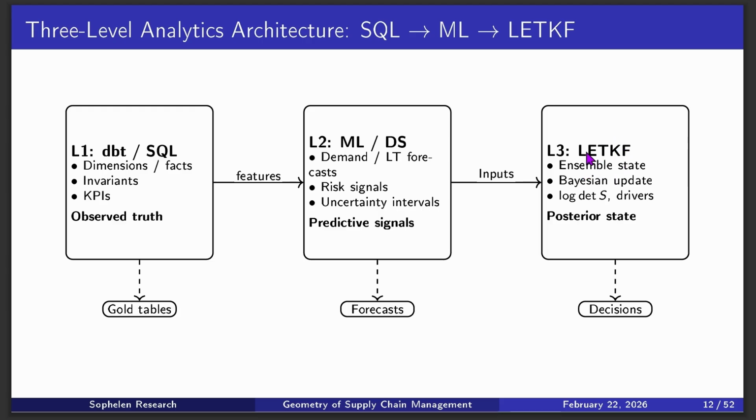I don't think I ever said what this stands for. This is the local ensemble transform Kalman filter. So here you try to measure uncertainty, you try to do rollout, and then from that you choose the best decision.